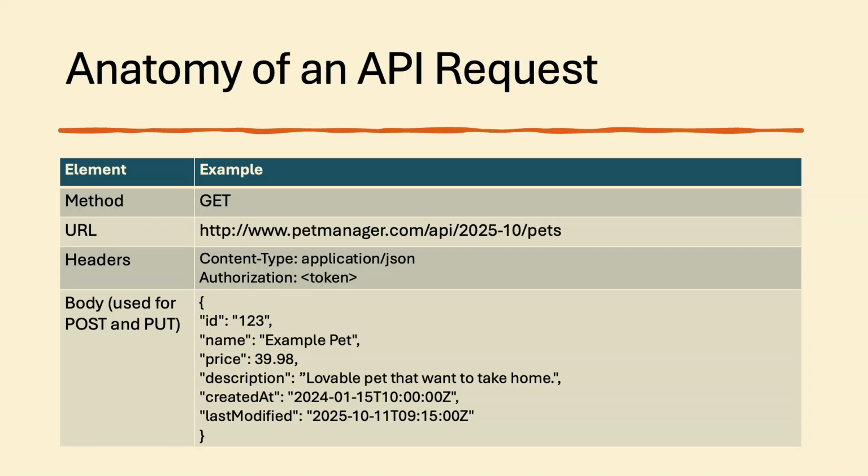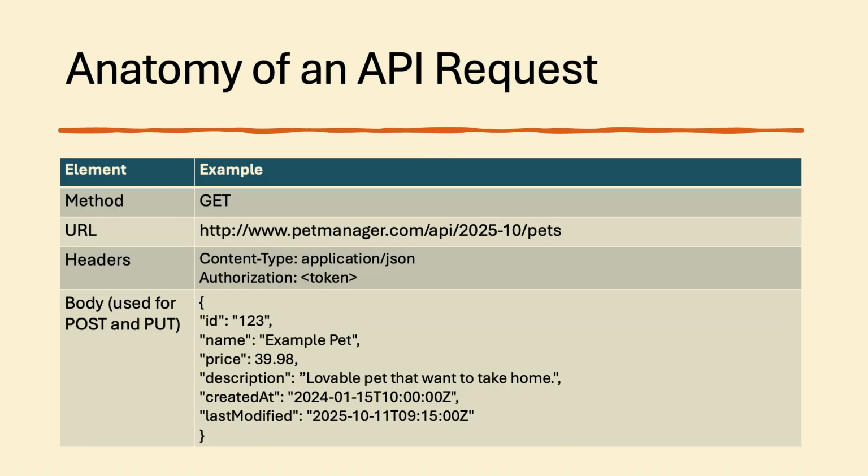You're also going to have some headers. In this case, you're going to define a content type. This would usually be used with a POST command. You're saying that the format is JSON, and then you're going to use an authorization token to secure the request and show that you're an authorized connection.